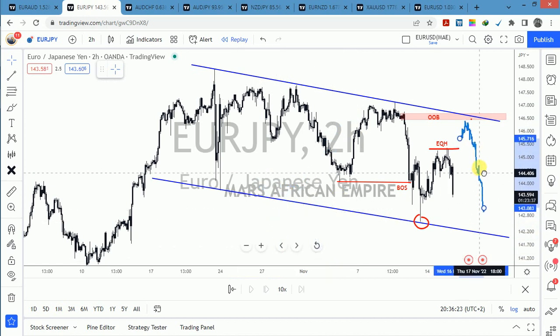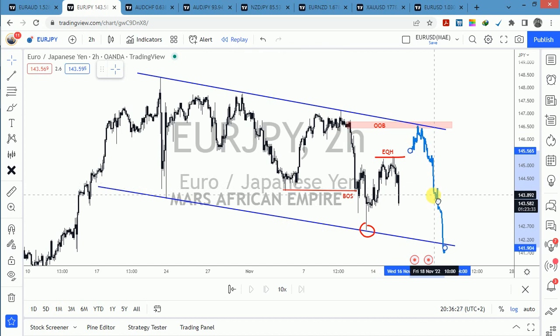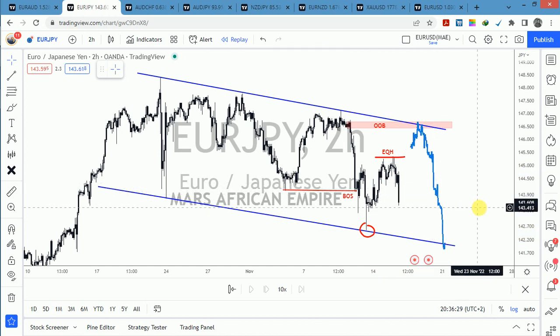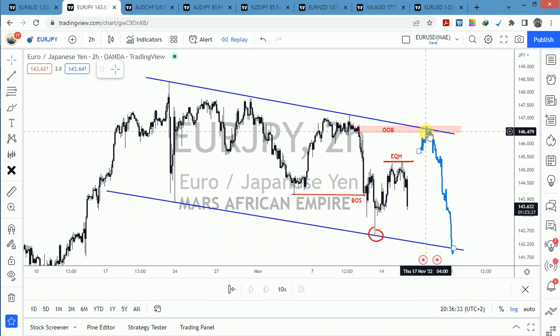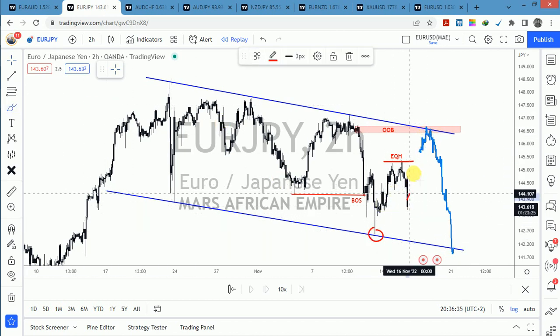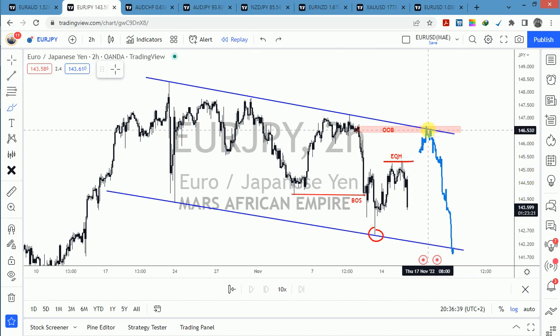So this is what you are anticipating on Euro JPY, for it to go all the way up there and then drop. So we are going to sell this pair around 1465. That is where we are going to sell it.